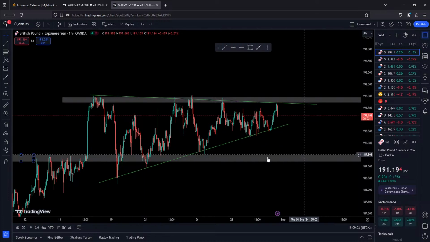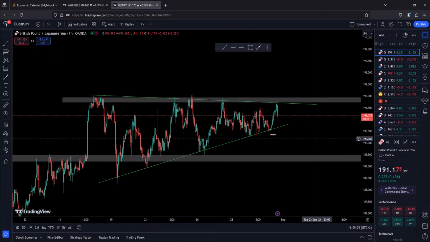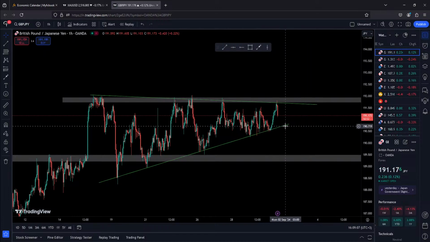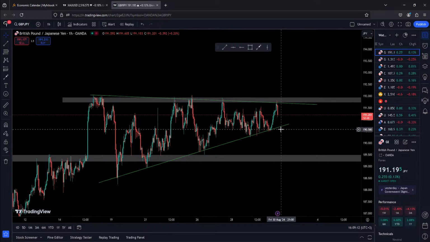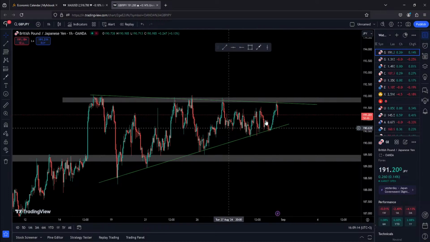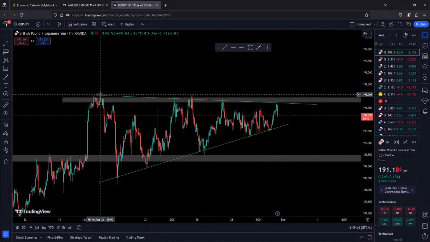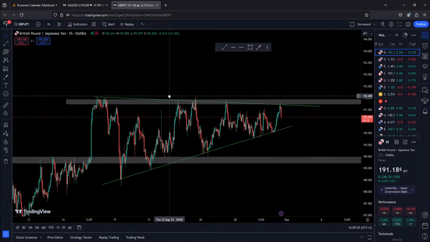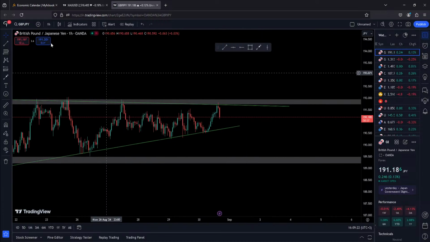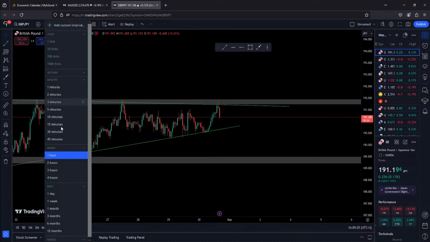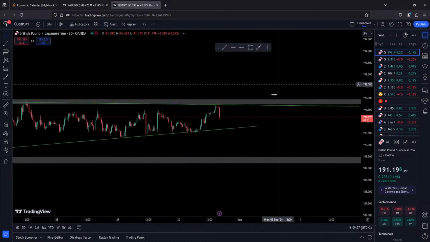So now we know that if I have to take sells, then obviously I will be looking for sells if the market goes below the lower trend line basically. And if I have to look for buys, then I'm going to look for buys above the upper trend line and this point over here. So currently nothing is happening in the market, and I'm going to switch to the 30-minute time frame in GBP/JPY.